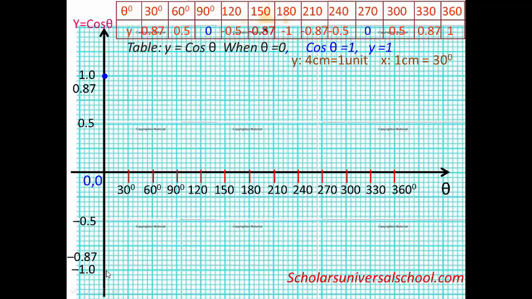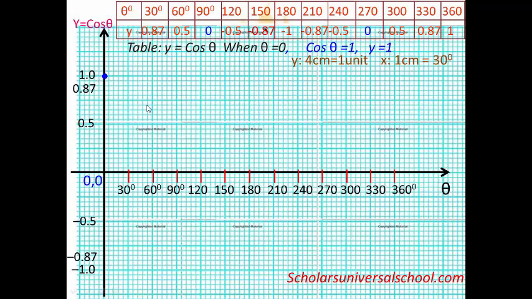In the same way, along the y-axis, the value of x is 0. So we have plotted this place: when theta equals 0, cos theta equals 1, and y equals 1.